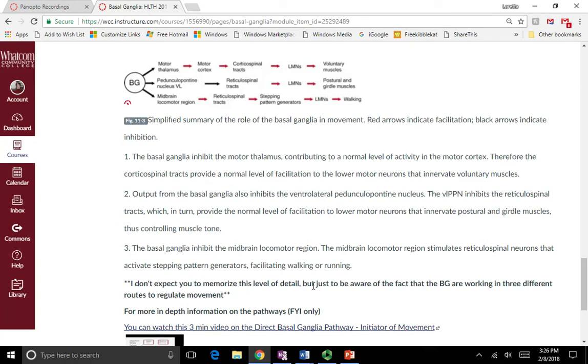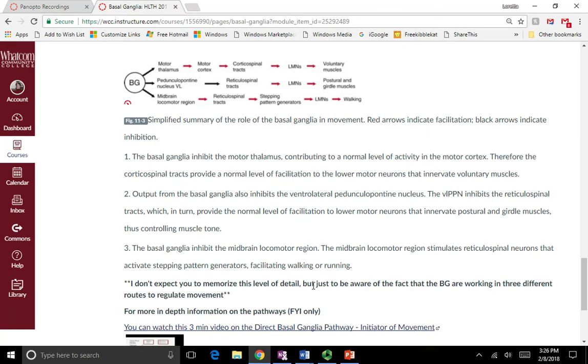The basal ganglia basically have three pathways by which they can affect motor acts. They can inhibit the motor thalamus, contributing to a normal level of activity in the motor cortex. That's all we need to know about that.